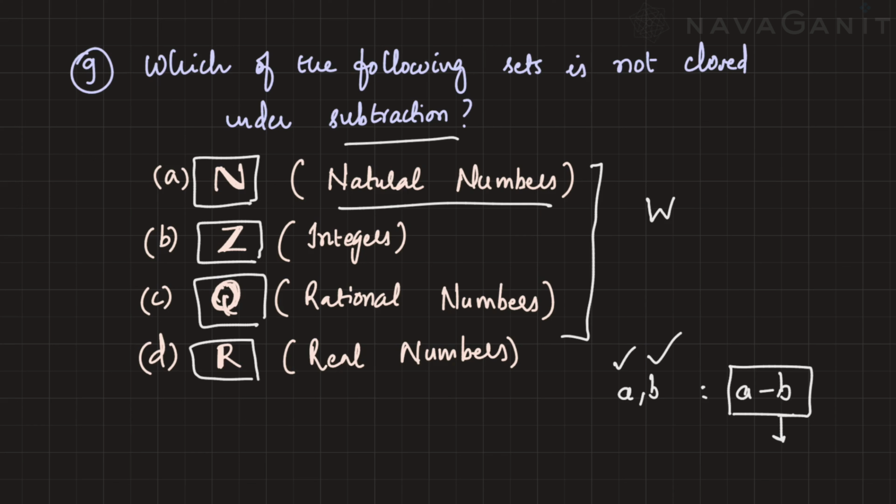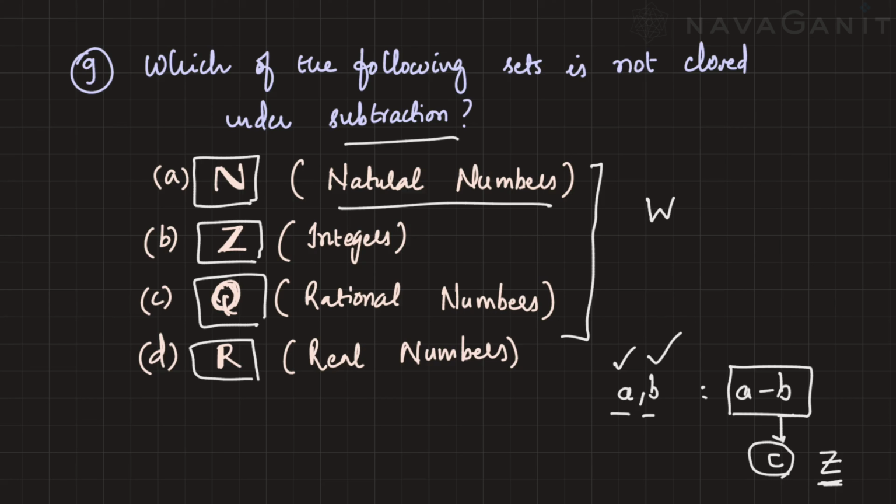In that case, I say that that particular set of numbers is closed under subtraction. For example, integers are closed under subtraction. If a and b are integers and I do the operation a minus b, which results in c, I know that even c is an integer. So the integer set is closed under subtraction.